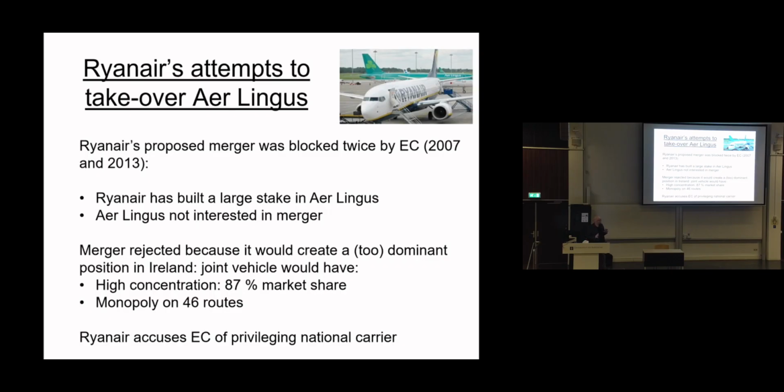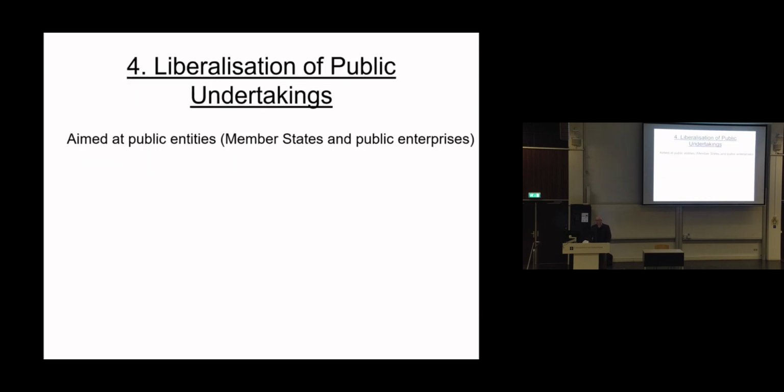So the European Commission rejected that. Ryanair, of course, was not pleased and accused the European Commission of privileging national carriers. But this was a case where the European Commission prohibited a merger in order to prevent the misuse of a dominant position.